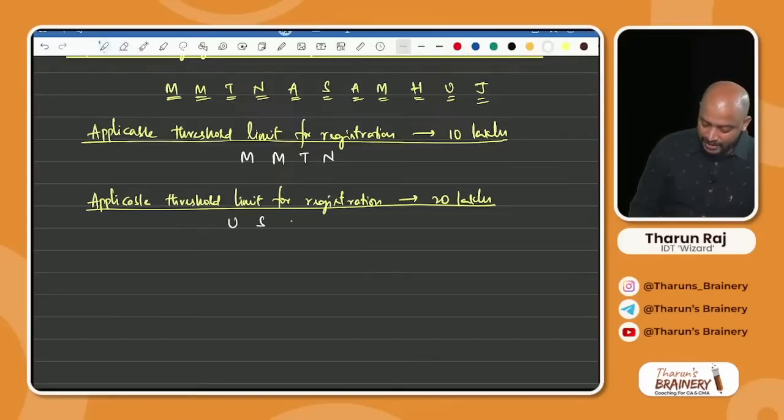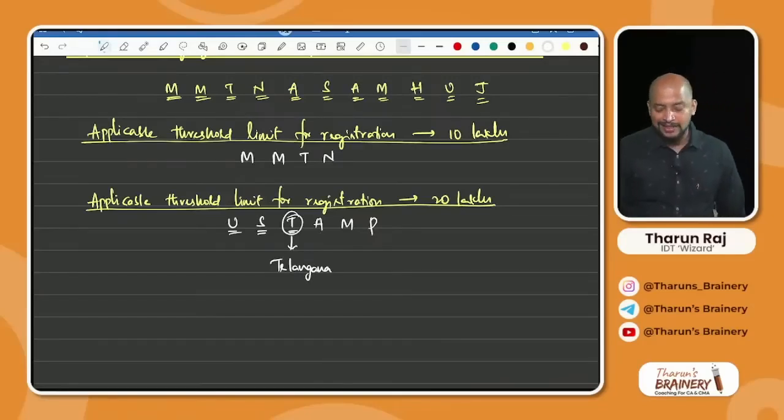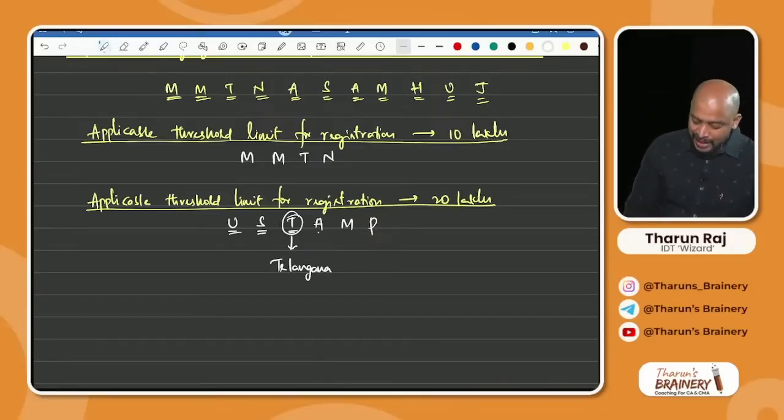What are the U stamp states? Uttarakhand, Sikkim, Telangana, then A for Arunachal Pradesh, M for Meghalaya, P for Puducherry. Then A is the normal Arunachal Pradesh, not Assam, and M Meghalaya, P for Puducherry or Pondicherry.